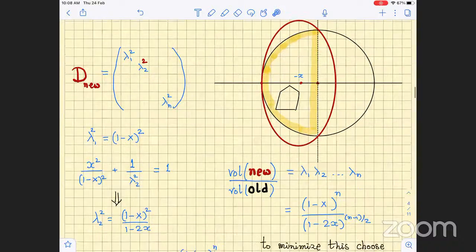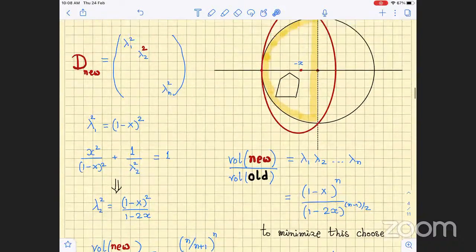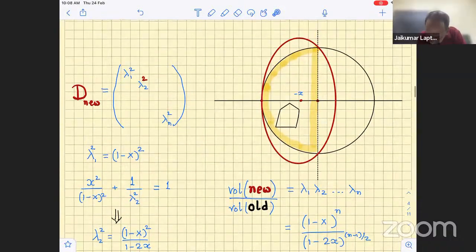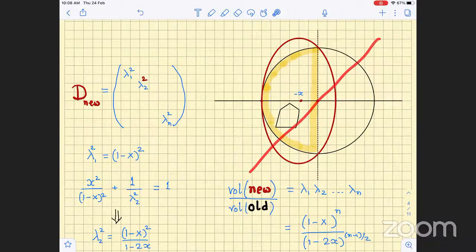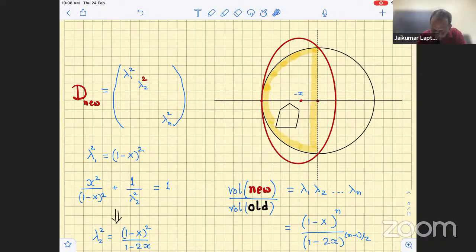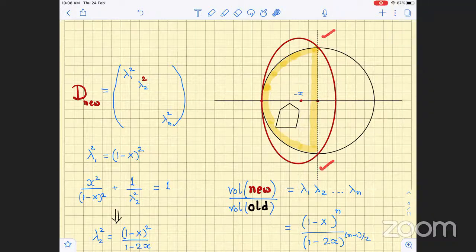But that does not actually depend on the hyperplane. Well, it was because we assumed that the hyperplane was vertical. If the hyperplane was horizontal, the point would be here. If the hyperplane was like this, the point would be here. This dotted line told us which hyperplane, and it depends on that hyperplane.